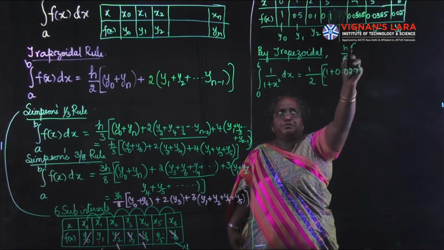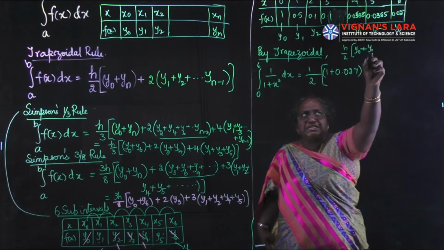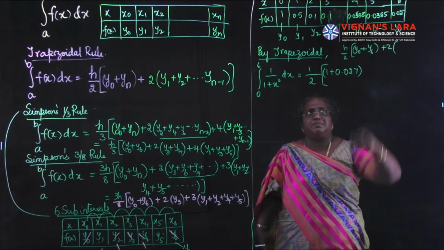So what is the trapezoidal rule here? h by 2 into y0 plus y6 plus 2 times the remaining terms.